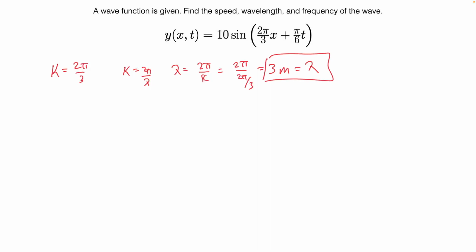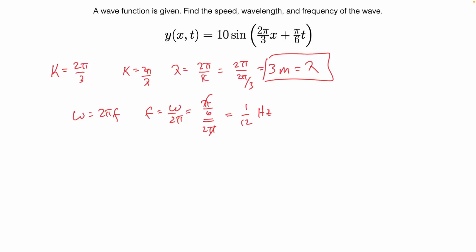How do we find the frequency? Omega is equal to 2 pi times the frequency, right? So frequency has got to be omega over 2 pi. Omega is pi over 6 all over 2 pi. So the pi's cancel and I get 1/12. Did I do that right? 1/12 hertz.